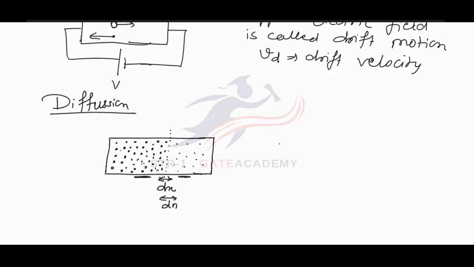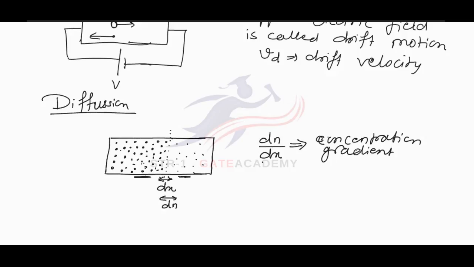Means in this material at this cross section point, there exists a change in electron concentration with respect to change in distance, and this ratio is called concentration gradient.